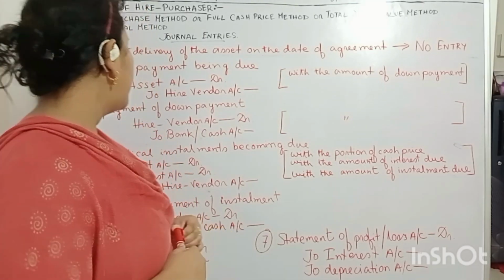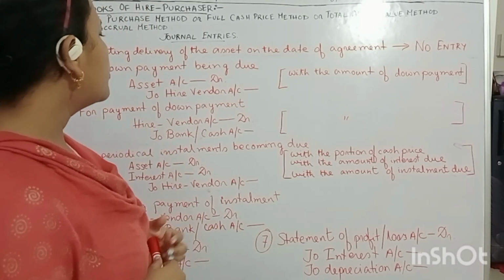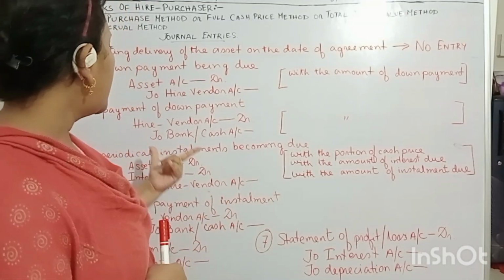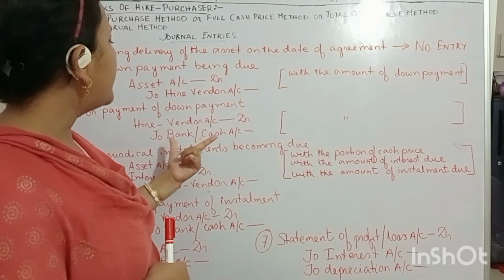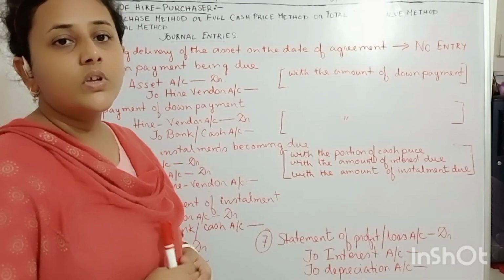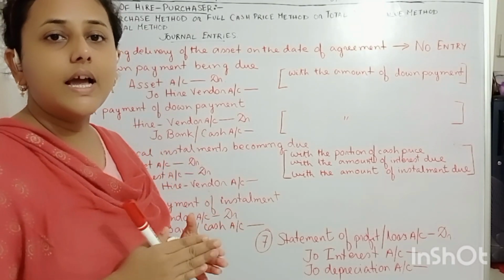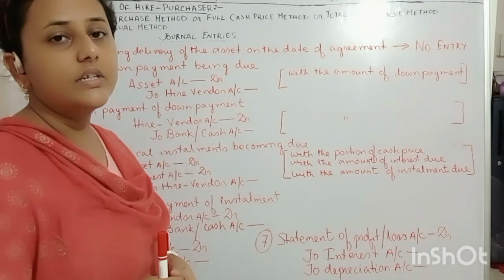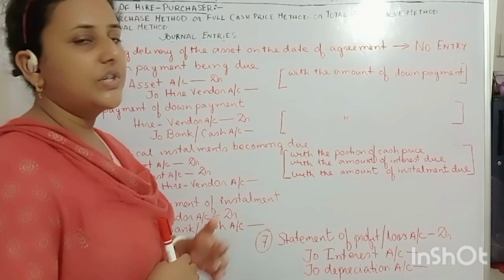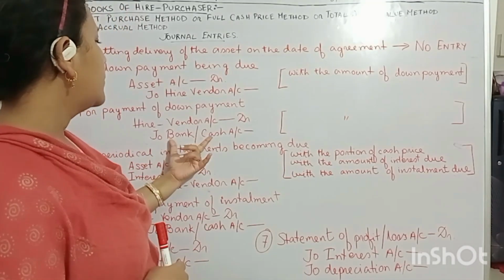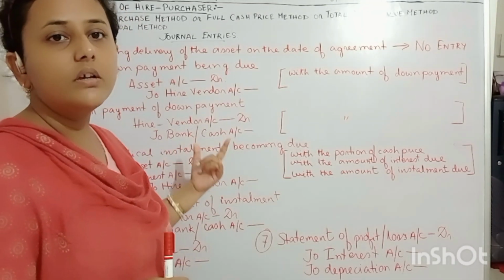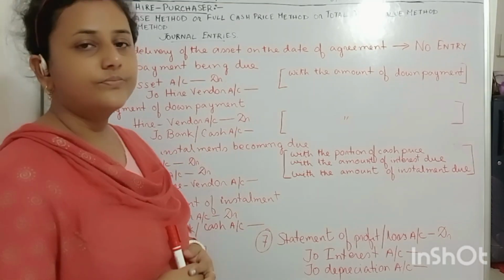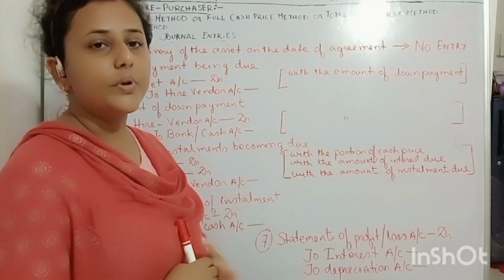Then you see, for payment of down payment. So when the down payment is paid, hire vendor account is debited to bank/cash account. When the down payment is paid, liability decreases, so hire vendor account will be debited. Bank/cash is an asset, it decreases, so it should be credited, with the amount of down payment.